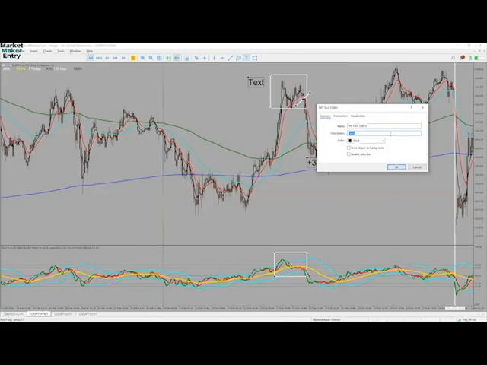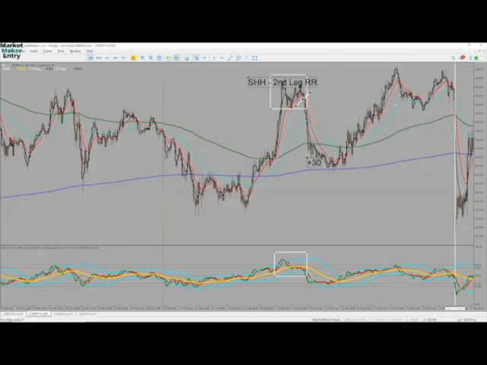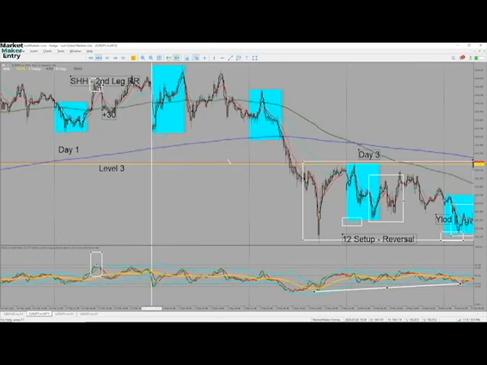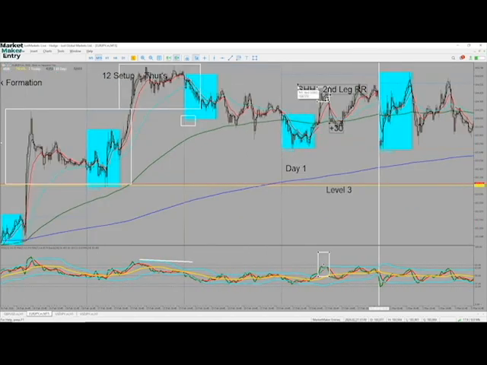If it hits the stops, okay, it's third level shift, right? Oh, it's Friday.